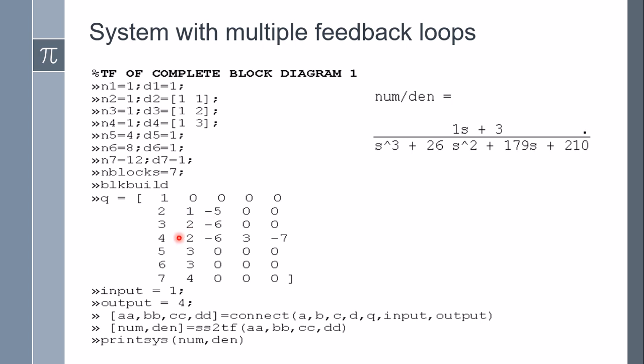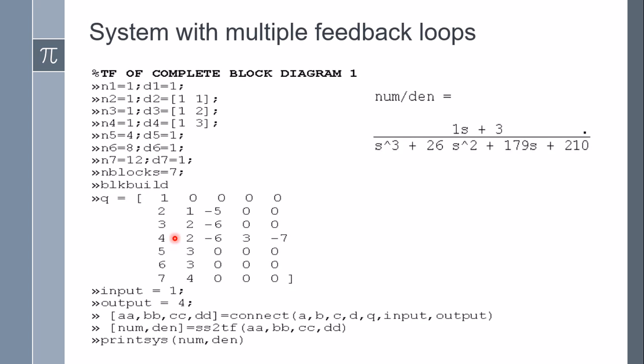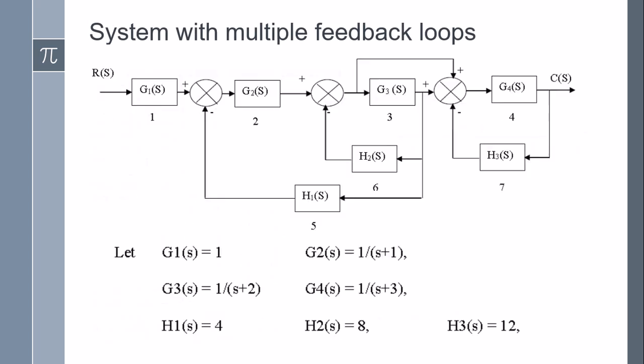Then we'll come to the fourth block. If you take the fourth block, it has one input coming from the summing amplifier, and to the summing amplifier I have 3 inputs. One input is from the feed forward path, that is before G3.